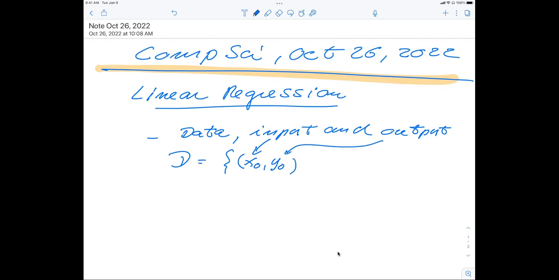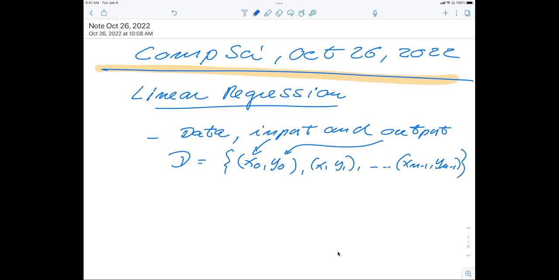These quantities have different names, but I'm essentially going to call them inputs and outputs. You will find them named as targets or whatever. There are lots of different namings depending on the field you're dealing with. And we have a set of these data sets up to some x of n minus 1 and y of n minus 1.